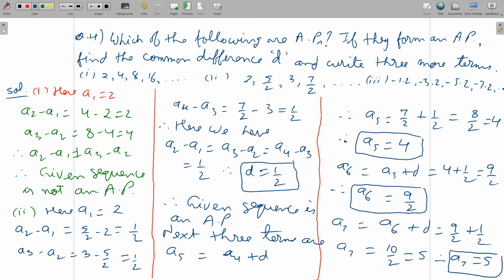So this is how you can do the questions. And this third one which is left here, you all have to try on your own. It's a very simple one. Same process you have to follow. See whether the difference is constant or not.